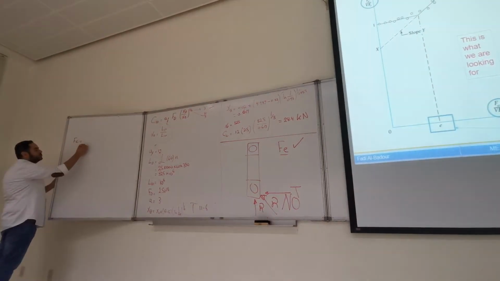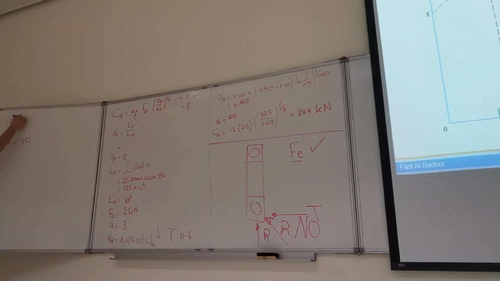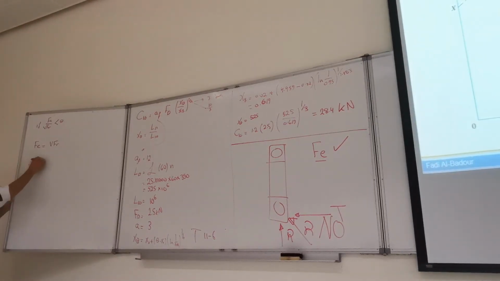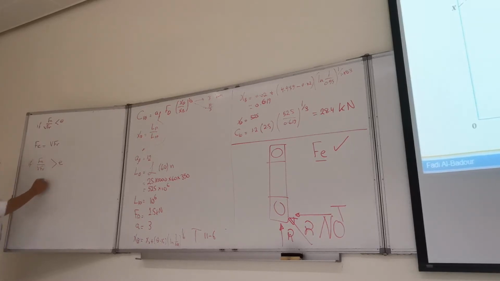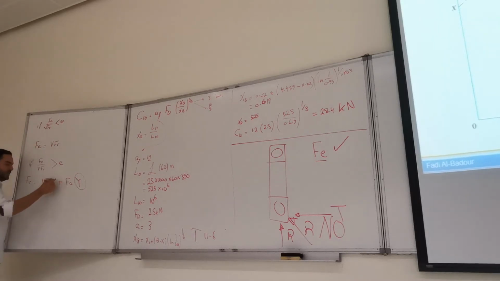Fe is equal to V FR, if FA over V FR is less than a value e. So this is case 1. Case 2, if FA over V FR is greater than value e, in this case the equivalent load will equal V FR times X plus FA times Y. So Y is the slope of the line and X is the intersection.